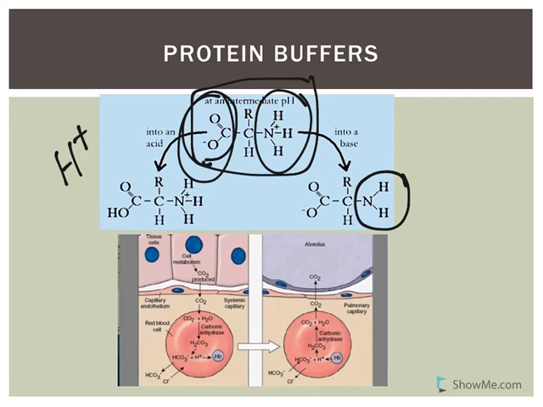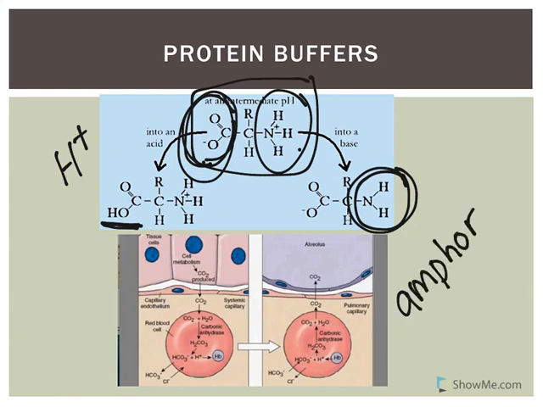But when the pH in your body starts to change, this carboxyl group can combine with a hydrogen ion and form this, and this end can release the hydrogen ion and form that. So proteins can act as buffers because they have these groups that can act as acids or bases. The term for the fact that proteins, or even amino acids, can act as chemical buffers, as acids and bases, is amphoteric. They can act as acids or bases.